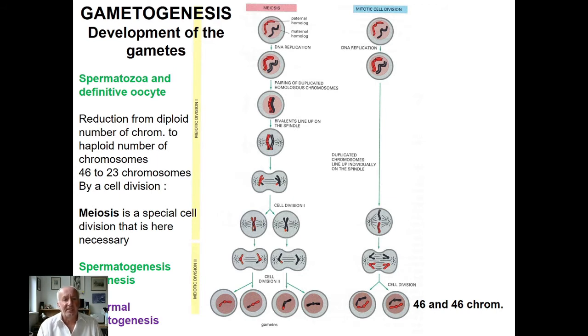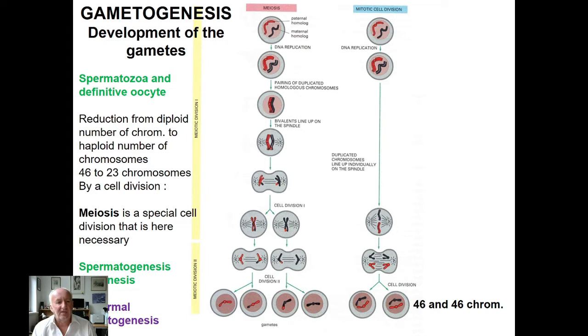Gametogenesis, development of gametes. That means of an oocyte and of a spermatozoon. In detail, we will have it once more in the summer semester, when we are at the male reproductive system in the testis, and in detail once more when we are at the female reproductive system in the ovary.